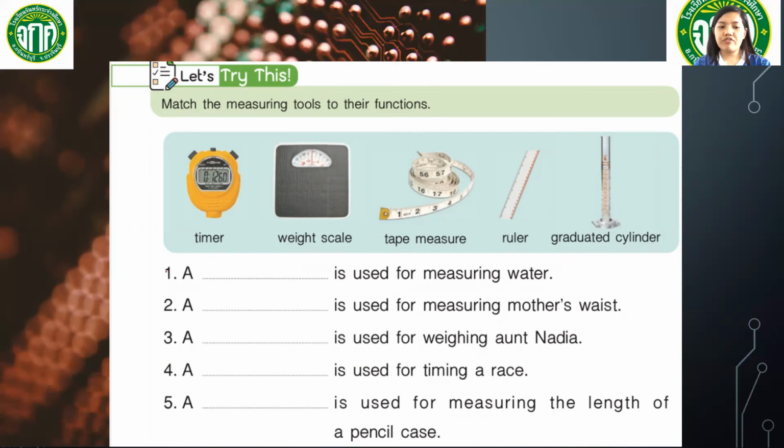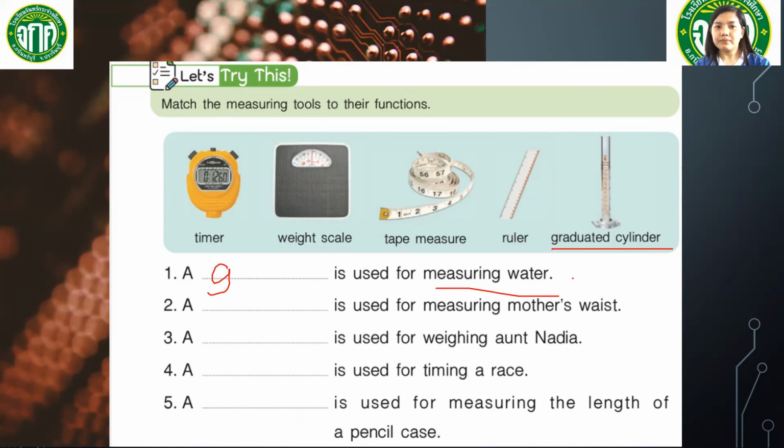For example, number 1, a blank is used for measuring water. What do you think is the correct answer for number 1? What can we use to measure water? Very good. It's a graduated cylinder. So for number 1, the answer is graduated cylinder.